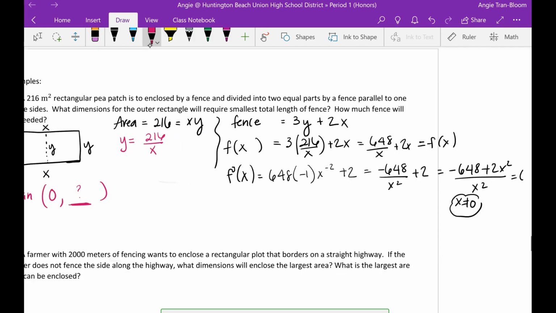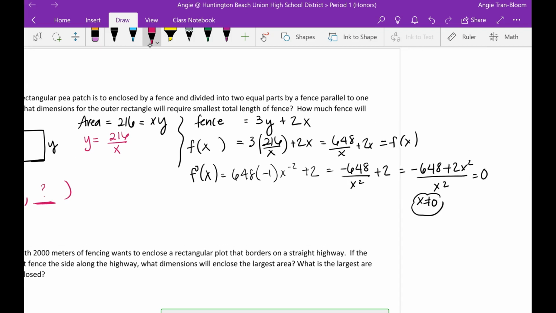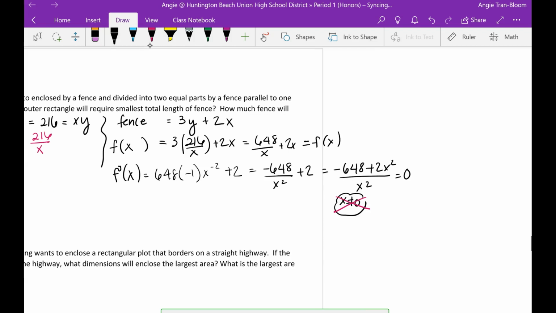So we're going to solve for it. I can't have x be 0 anyway, so I'm going to ignore this altogether. I'm not going to use it as one of my critical points. How do you solve for the numerator? What would you do here? Would you have 2x squared equals 648? Divide both sides by 2.